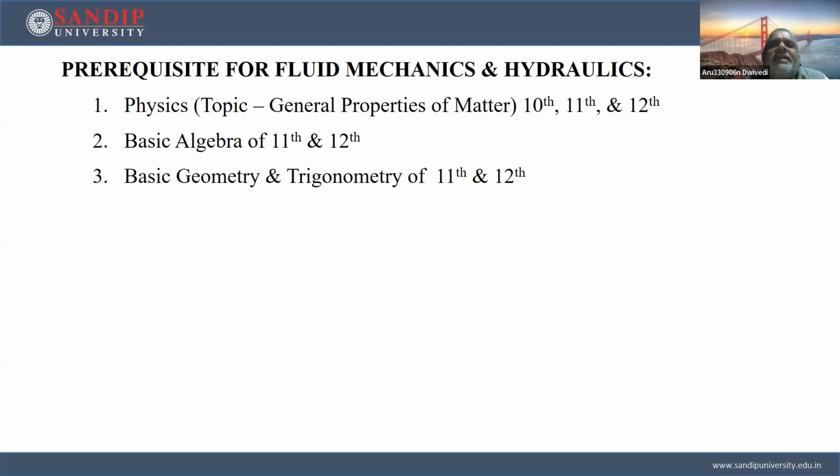There is no rocket science, no mathematics of second or third year engineering level, or physics of BSc or MSc level required to understand the basic concepts of civil engineering. This is more than enough.